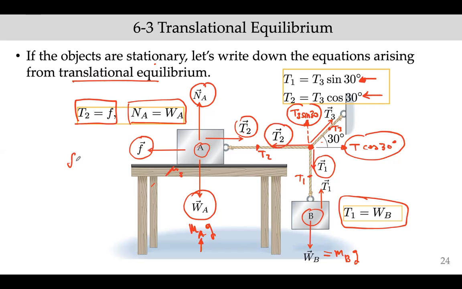And then F is defined to be mu_s times normal force. So if you know the friction force and also the normal force, then you can find mu_s from friction force divided by normal force. Normal force in this case is just m_A g, so it will be F_s divided by m_A g.